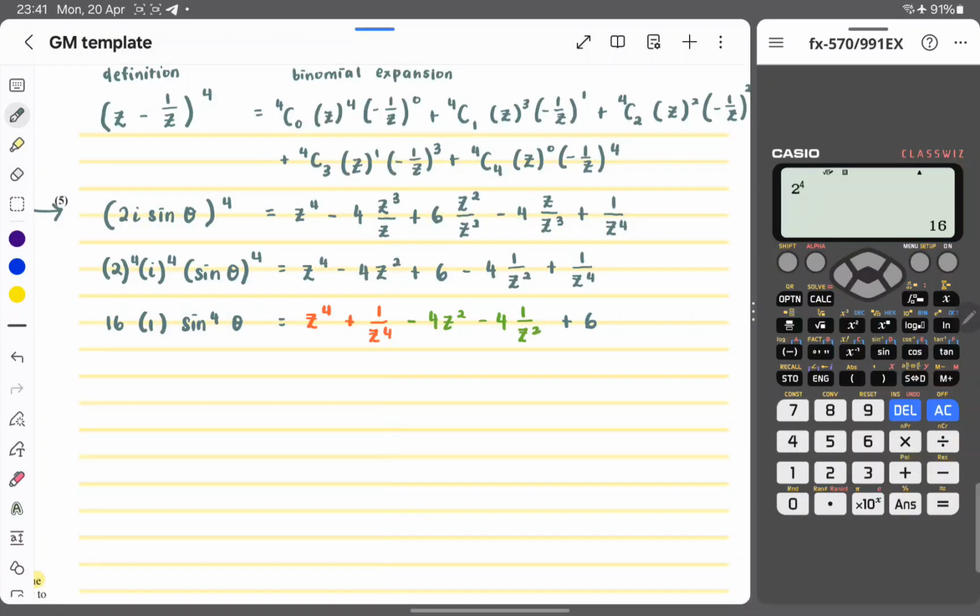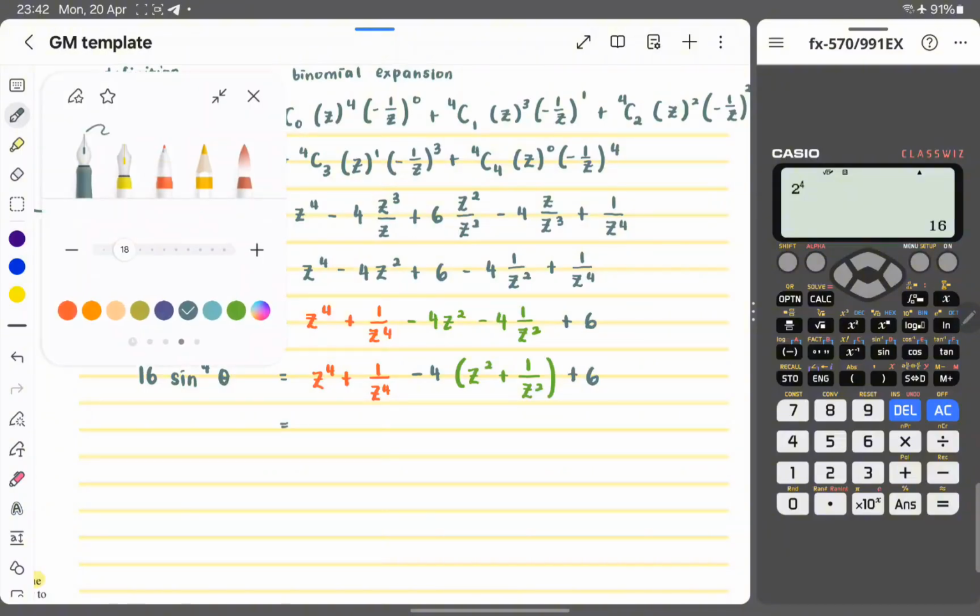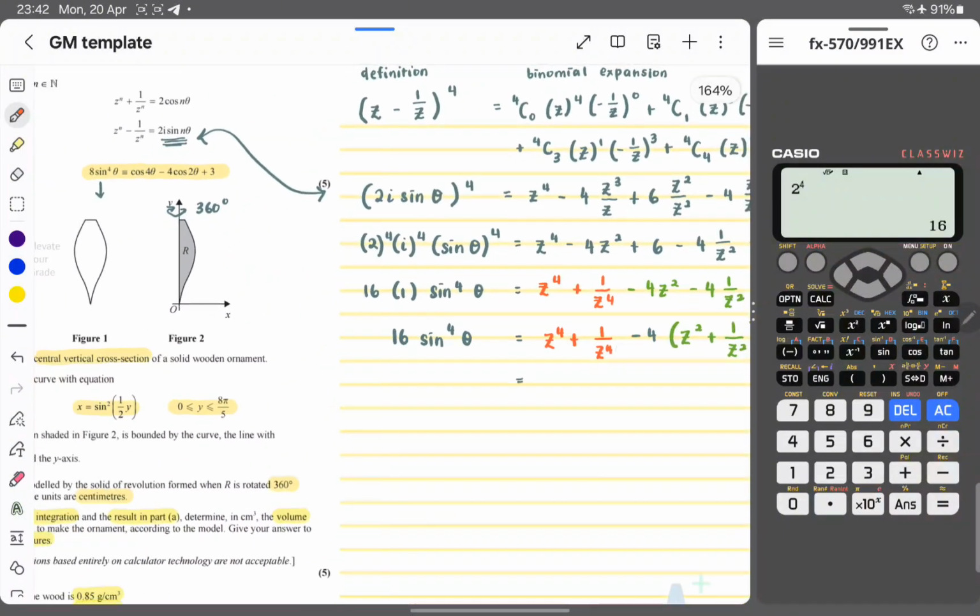Okay, so our left hand side would be 16 sine to the power of 4 theta equals to, the red one would be z to the power of 4 plus 1 over z to the power of 4. Now I will take out the common term, so I will take out negative 4 and we will get z squared plus 1 over z squared. Next, it will be plus 6. We are done with our left hand side. We're not going to simplify that anymore. That's it. Okay. Now what we're going to do is we're going to use our definition here.